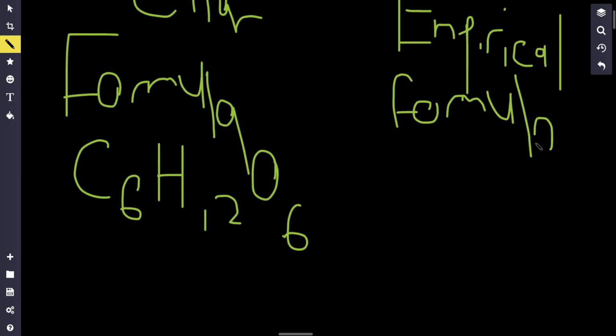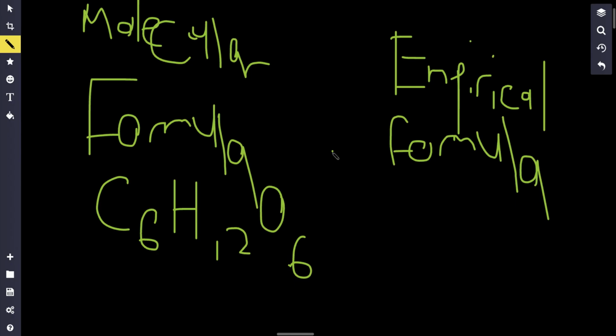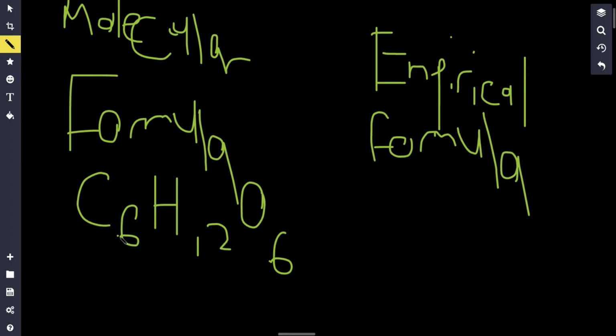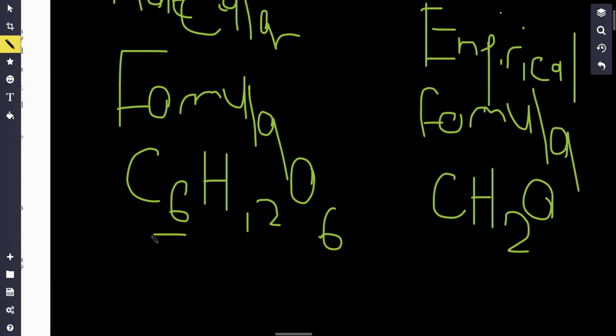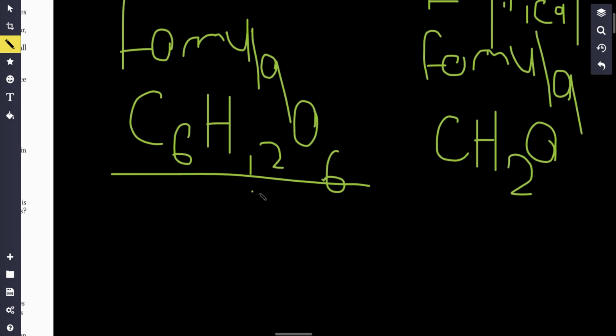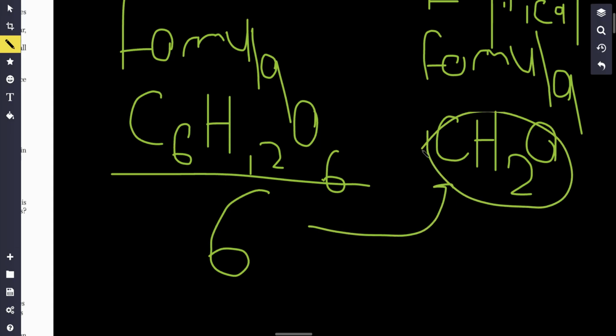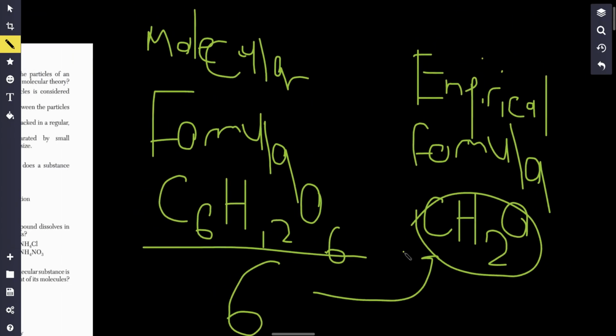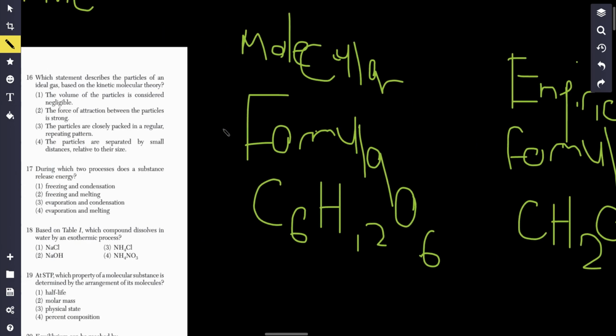Now, the empirical formula is sort of like the simplified version of the molecular formula. The empirical formula for glucose is just going to be CH2O, right? Because notice how all of these have a common factor of 6. Imagine if you divided this by 6. I know this is kind of cursed, but imagine if you divided this by 6. You're going to get this right over here. That's sort of like the empirical formula, right? It's the simplified version of the molecular formula.